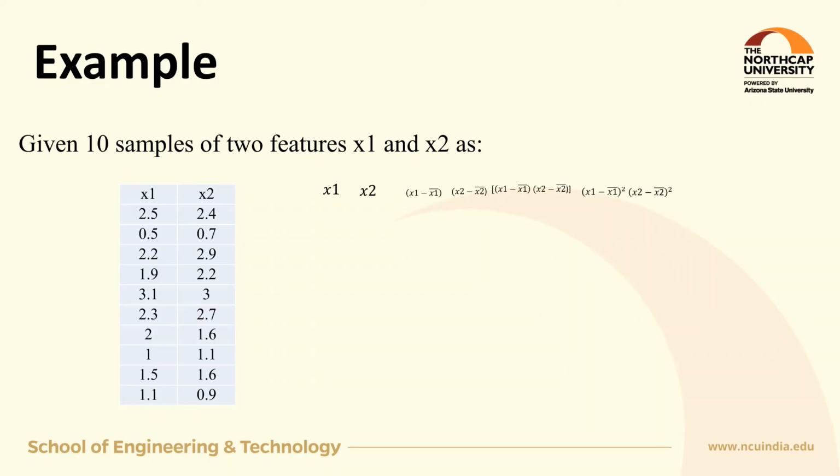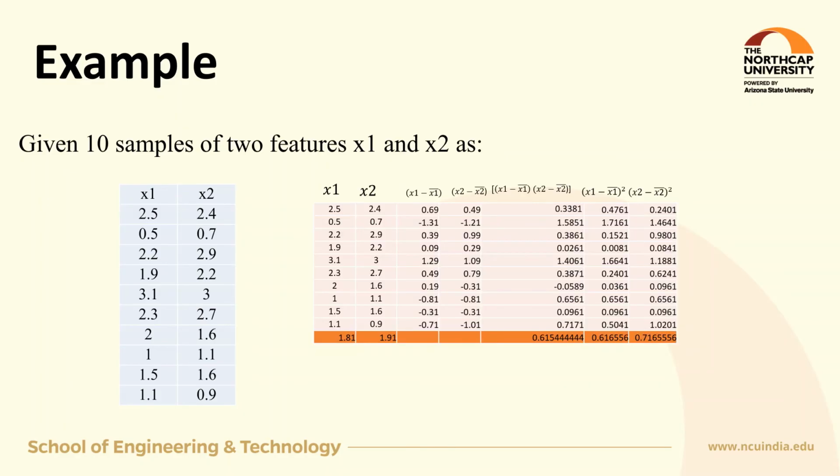Now let's calculate the covariance matrix for the same example, for which we have already calculated the covariance between x1 and x2, which was 0.61544, and the other thing we need to calculate is the covariance between x1 and x1 and between x2 and x2, which is nothing but the variance itself, variance of x1 and variance of x2. Right.